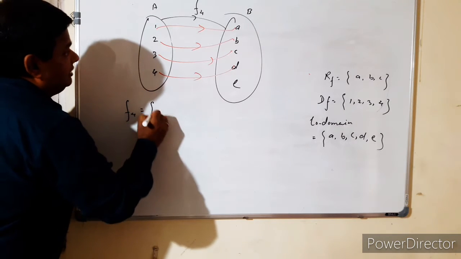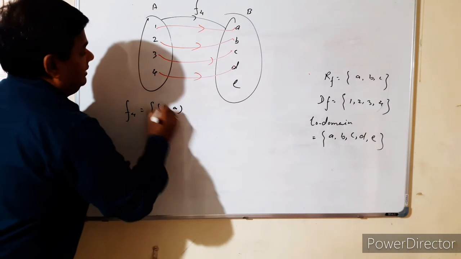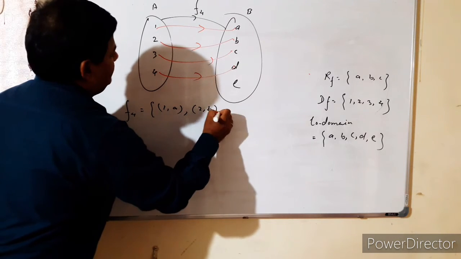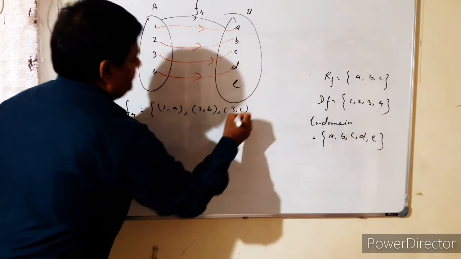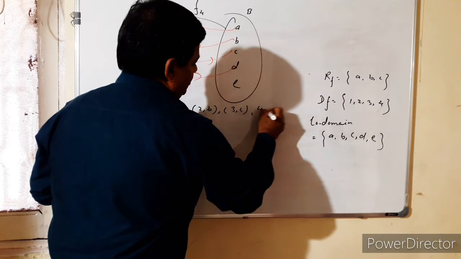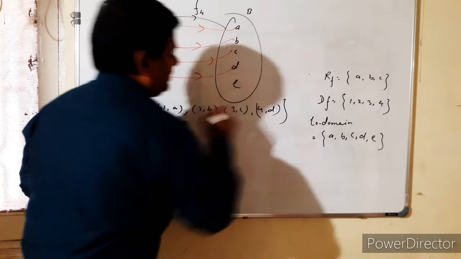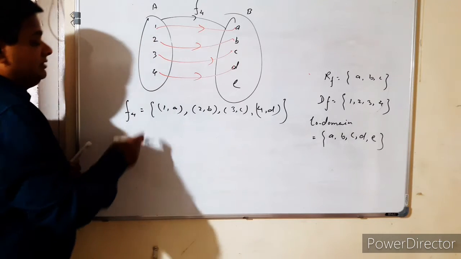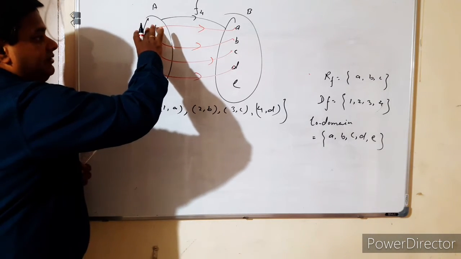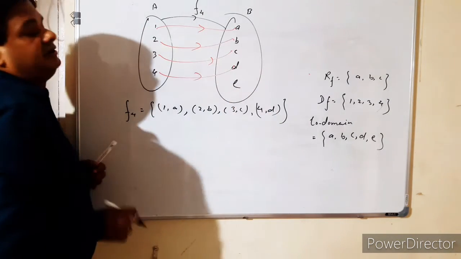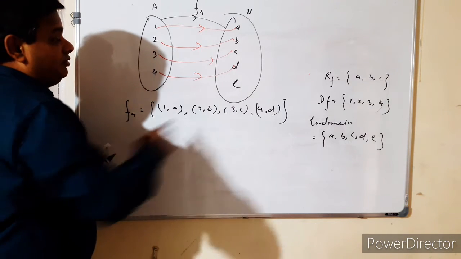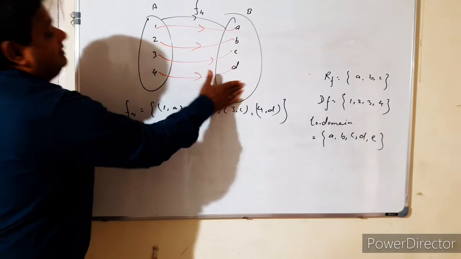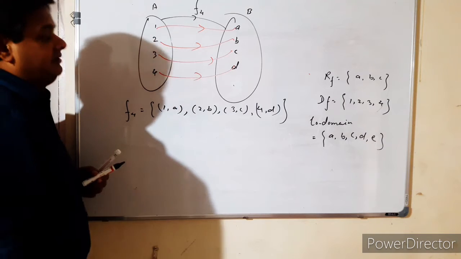F4 is equal to 1A, 2B, 3C, 4D. If you remove E also, it is still a function.